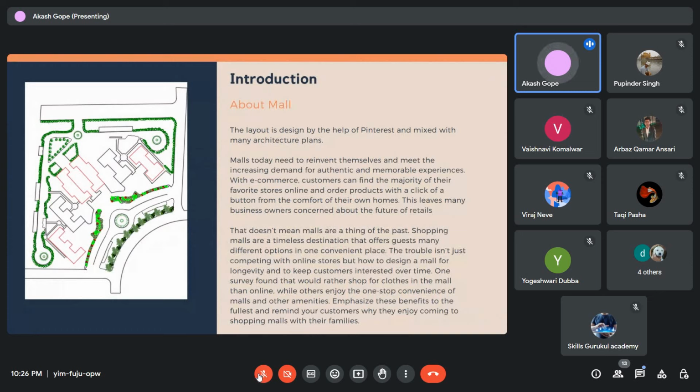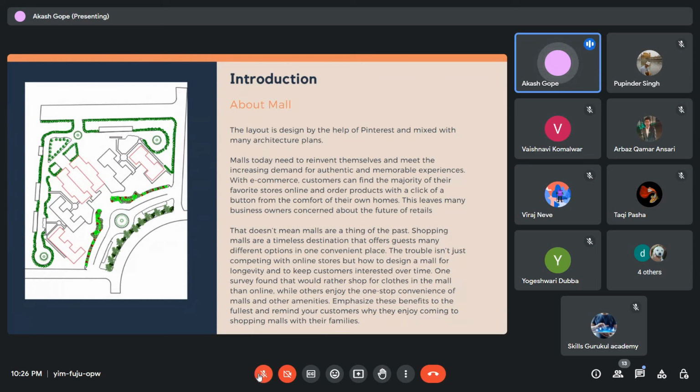First is introduction, and as you can see, this is my plan view in AutoCAD. About the mall: the layout is designed with the help of Pinterest. I took this from Pinterest and mixed many designs.